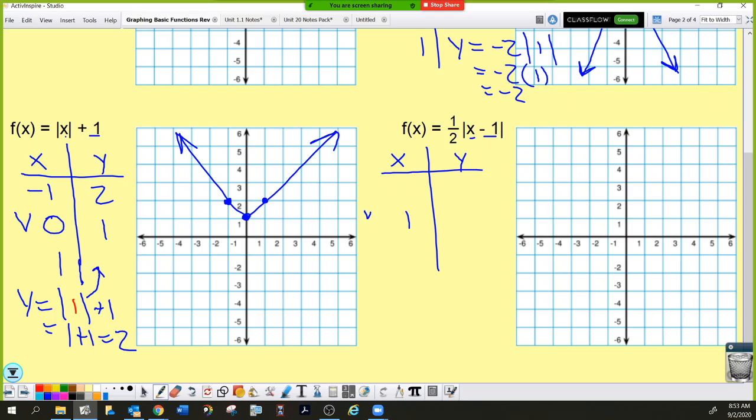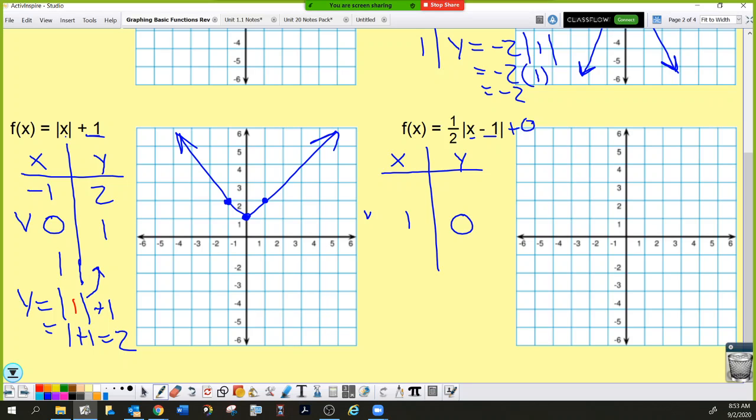and what number has been added or subtracted to the far right? Is there a number written to the far right? No, I mean all the way to the right, outside of the bars. No, there's no number there. So it's 0. There's no number out there, so you think of it as a plus 0. If there was a number out there like this one, that would have been the y value of the vertex.